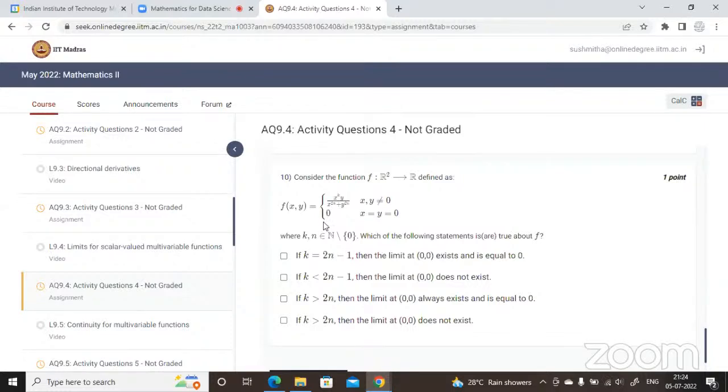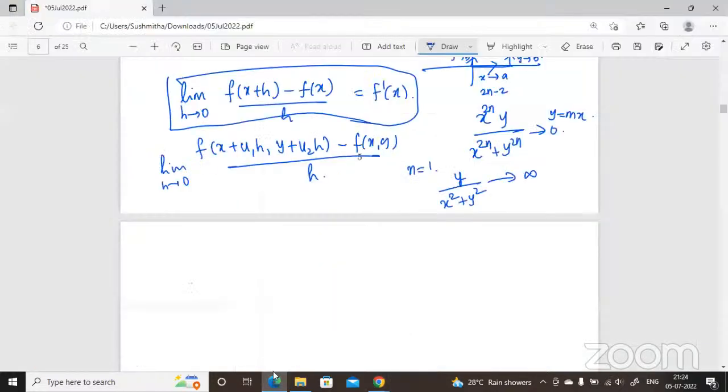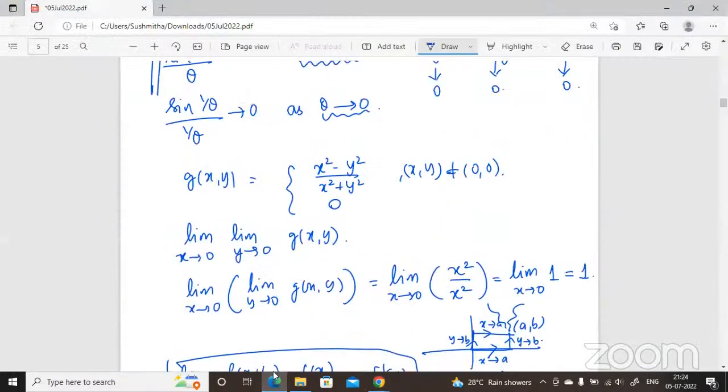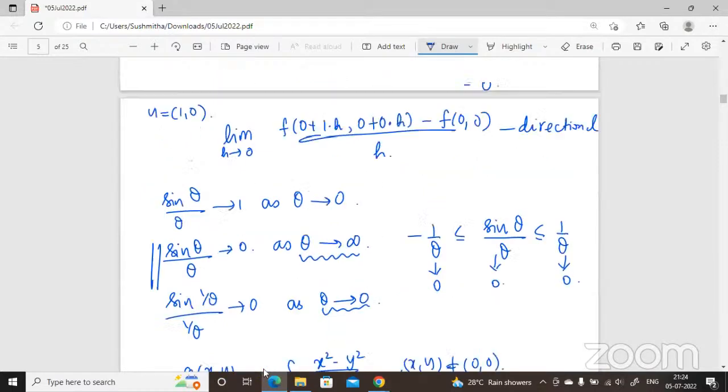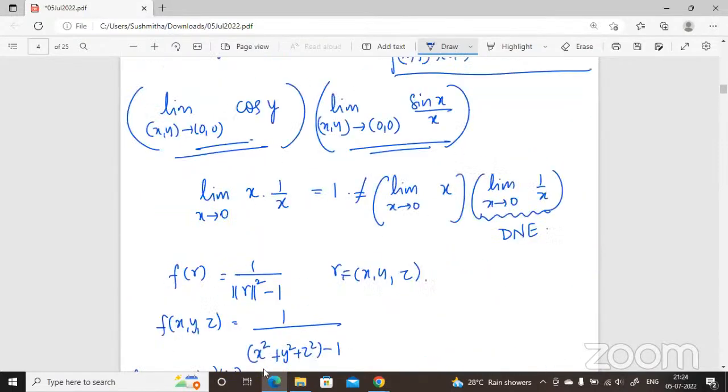Madam, like the trigonometric function you solved, cos theta and sine theta by theta, where you split it and applied the limits on both the terms separately.